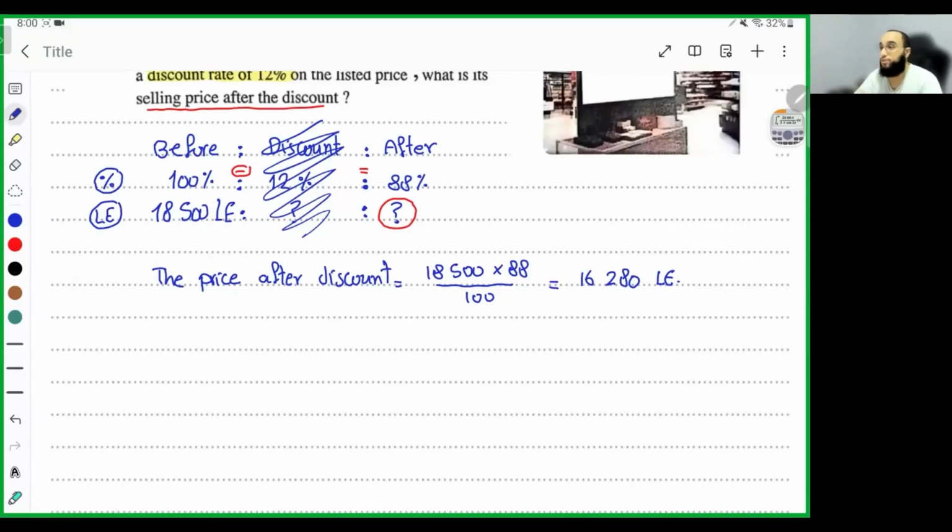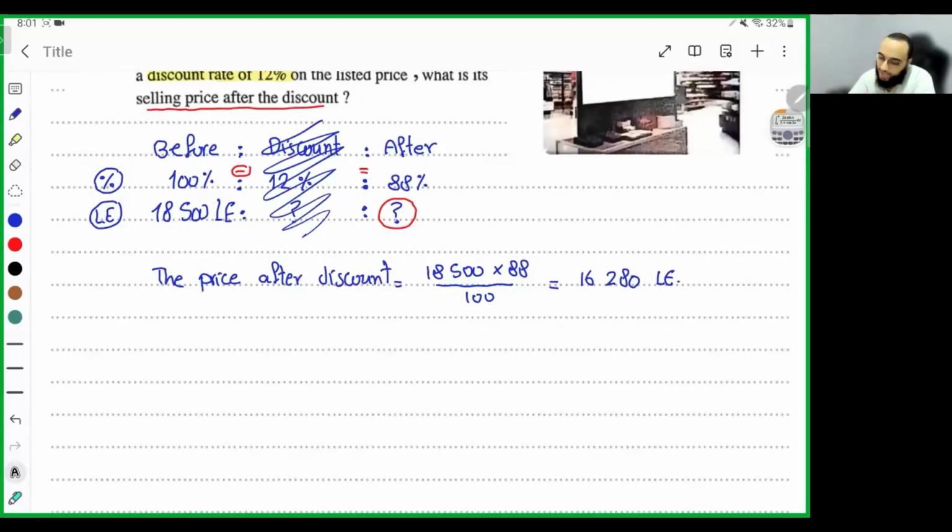Fiona, calculate the discount itself. You can calculate it in 2 ways. The discount is the money that you saved in your pocket, the money that you didn't pay for the television. You can get it by subtracting the price you paid from the actual price: 18,500 minus 16,280 will give you the amount that you saved.